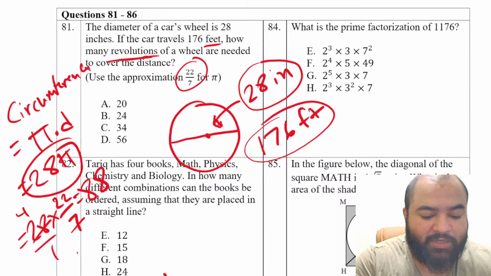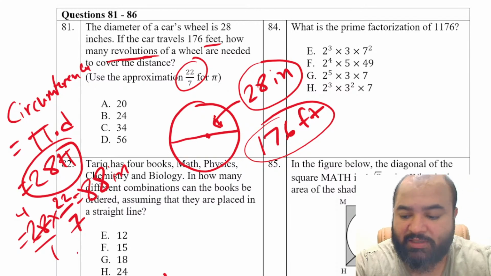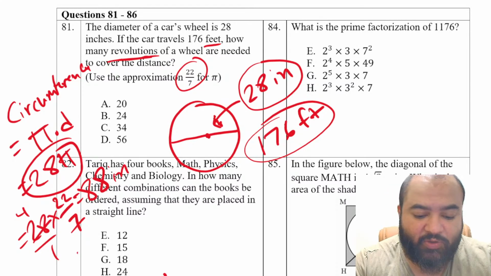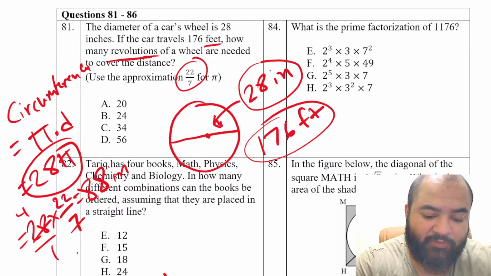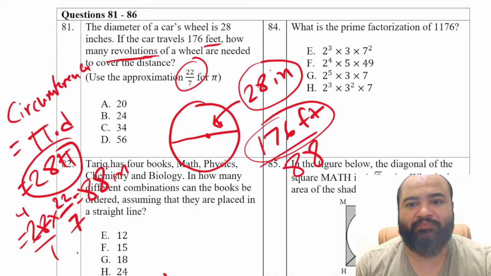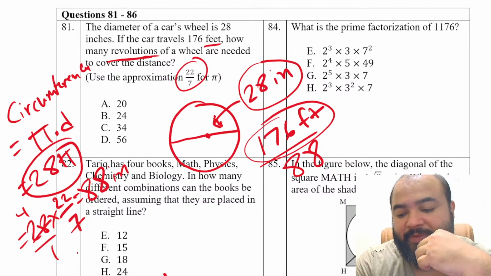Who can tell me? So I have 88 inches, the circumference, and it has to cover 176. Yeah, that's right, Ren. So if we can see that, we can just divide 176 by 88, but there is a problem. What is the problem with just dividing 176 by 88? Who can tell me?